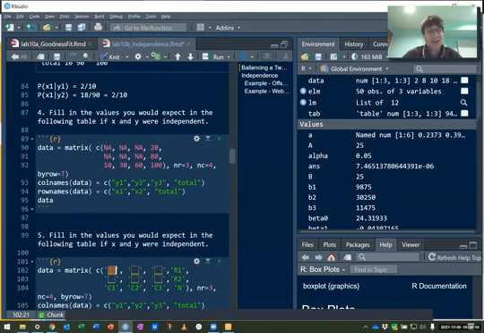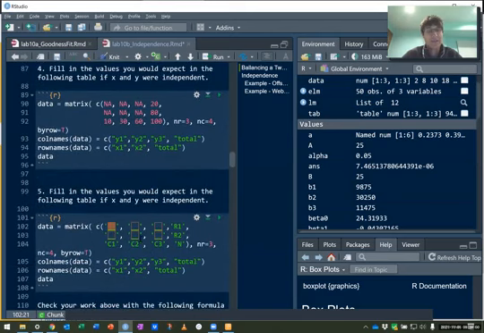Number 5, I'm going to give you the actual formula for finding the values. The expected counts are going to be the column total times the row total divided by n. You see how we got that? 10 times 20 divided by the total, 100. So there'll be 2 here, right? 10 times 20 divided by 100.